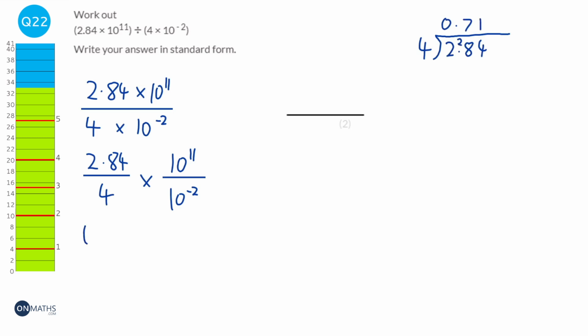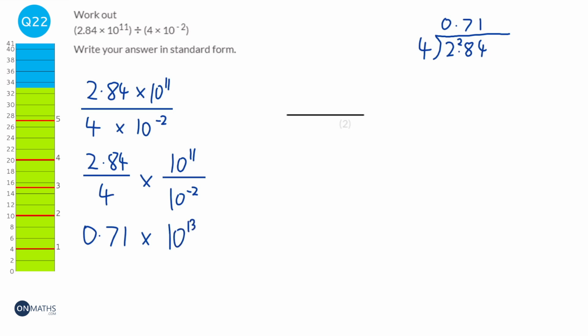So it's going to be 0.71 times, and then the rules of indices say that if you divide two powers of the same base, they're both 10, then you just take away the power. So it's 11 take away minus 2. Now the two minuses actually convert to a plus, so it would be 11 plus 2, which would be 13, so it would be 10 to the power of 13.